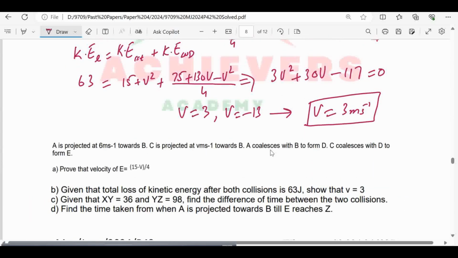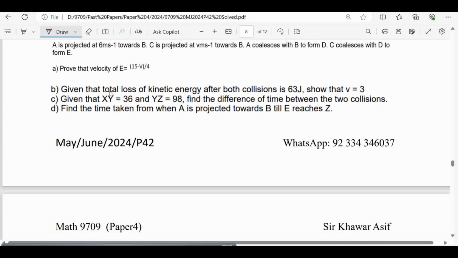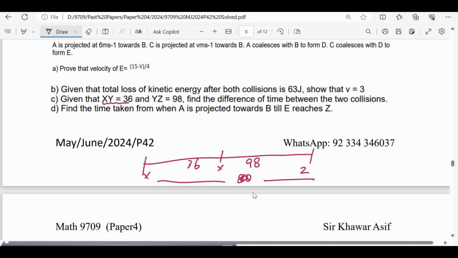Because in the previous part it was given that, let's say we have these three points X, Y and Z. The total distance is 98, and X to Y is given as 36, and Y to Z is 98.